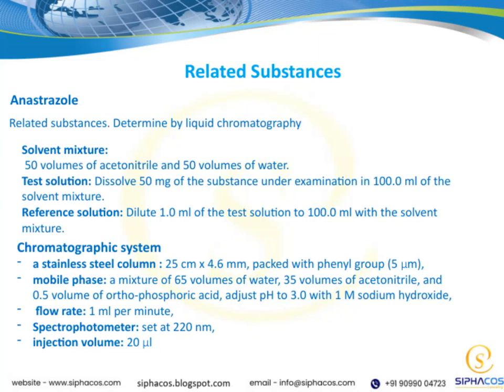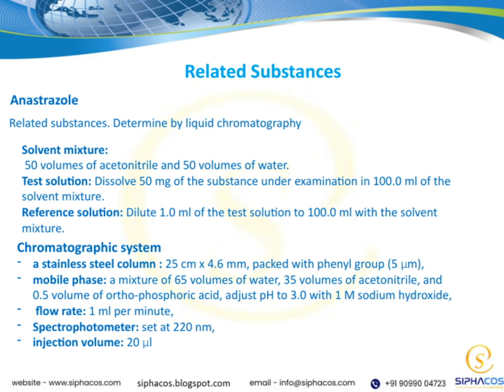Today, I'll walk you through the chromatographic system setup we're using for analyzing anastrozole and its related substances. First, we have a stainless steel column, which measures 25 centimeters in length and 4.6 millimeters in diameter. It's packed with a phenyl group stationary phase that has particles 5 micrometers in size, providing good separation efficiency.